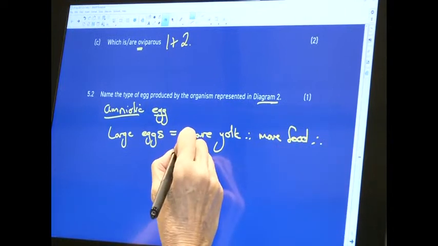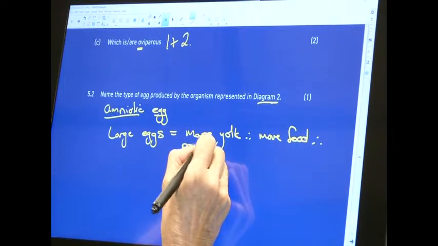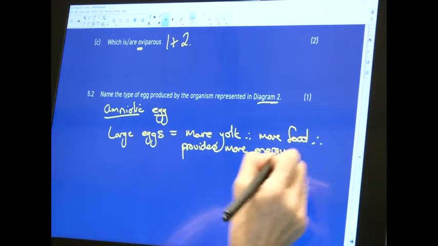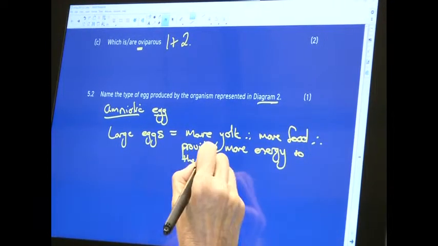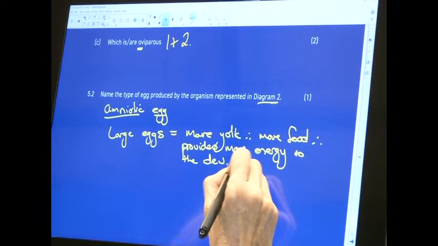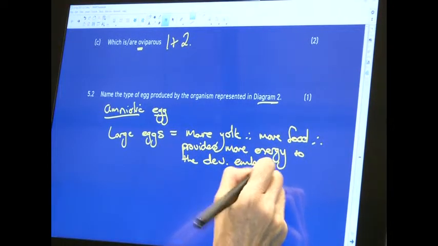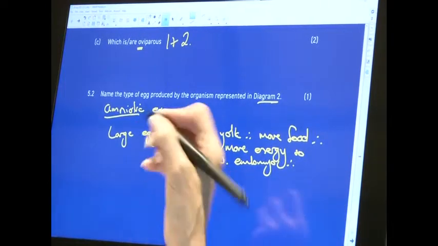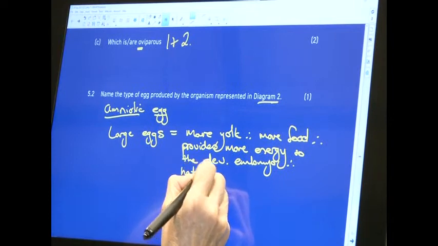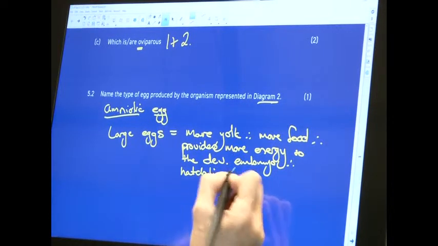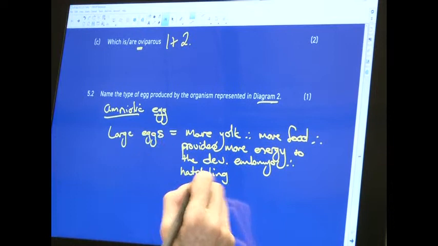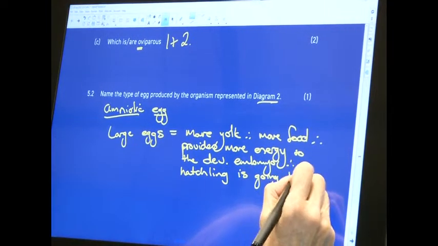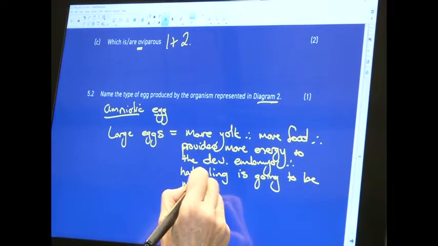Therefore, it's going to provide more energy to the developing embryo. Which means, therefore, the hatchling, so the thing that hatches out of the eggs, the hatchling is going to be more developed.